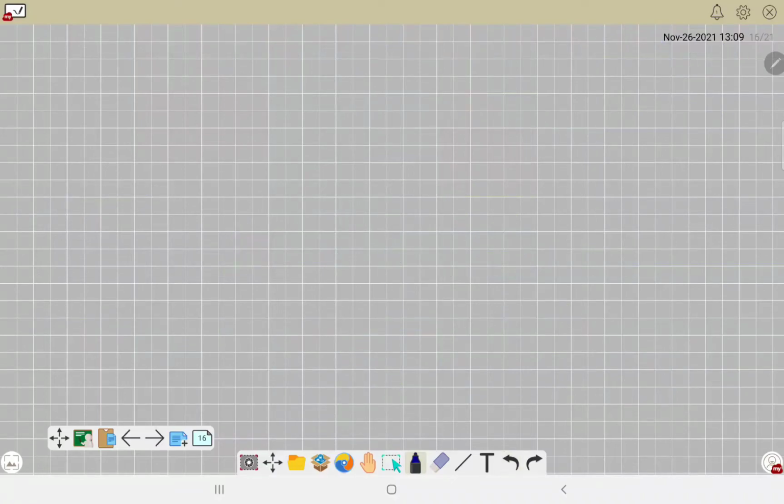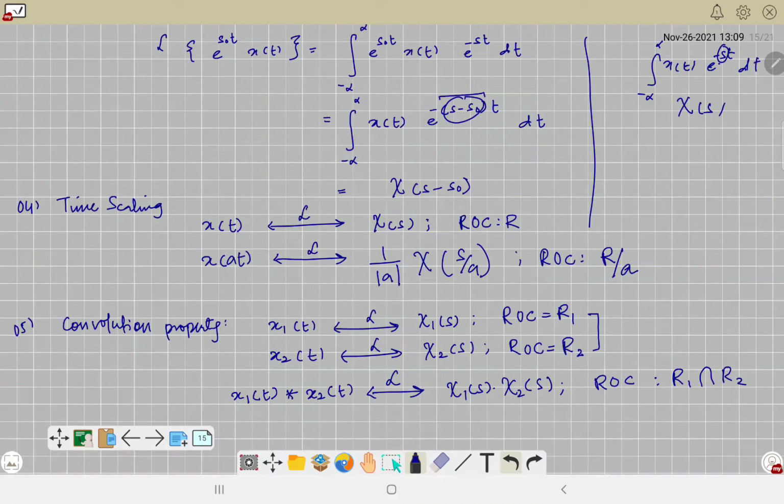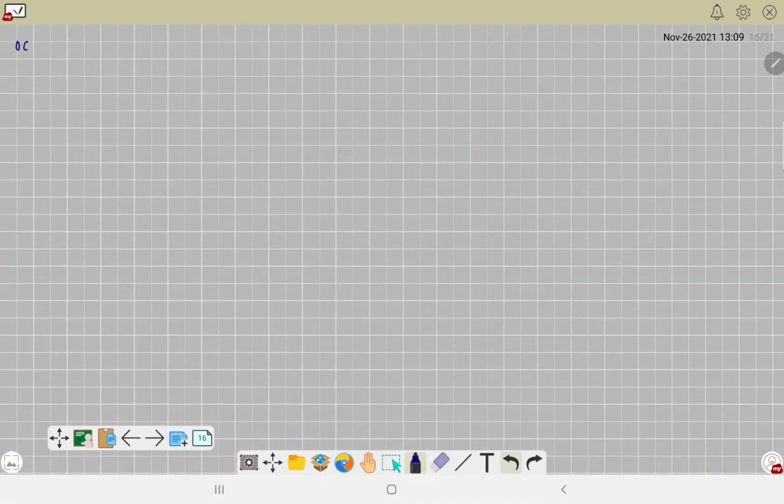Fine. Then there is a property of differentiation in the time domain.